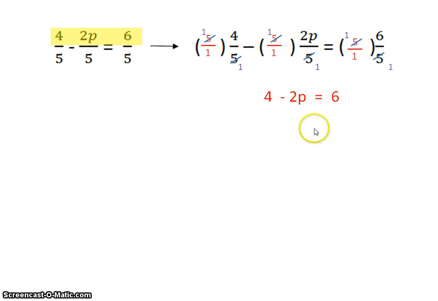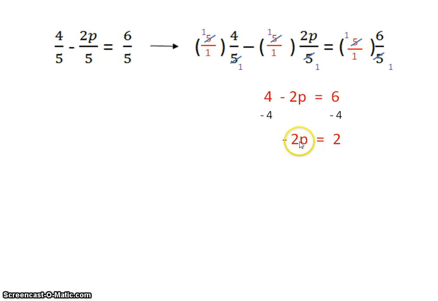Now let's continue to isolate the variable. P is being multiplied by 2, and we have a 4. We want to get rid of the 4 first. I can do that by subtracting 4 from the left-hand side, as long as I subtract 4 from the right-hand side. These 4's will drop out, and I'm left with negative 2p equals, on the right-hand side, 6 minus 4 is 2.